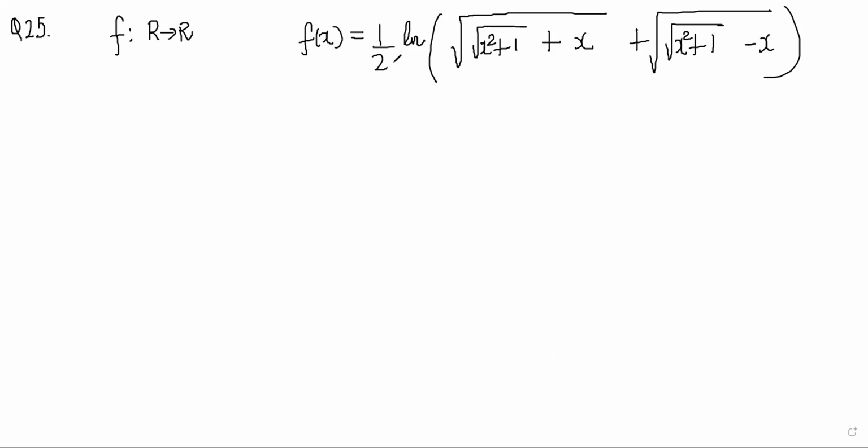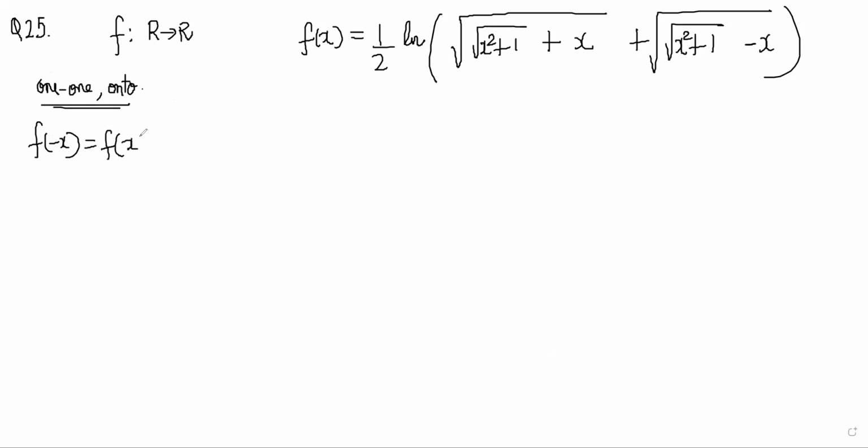Okay. This function. So what you have to decide is 1-1, onto. It's not 1-1, because if you put f of minus x, what is coming? You get the same thing as f of x, because x square will stay the same.